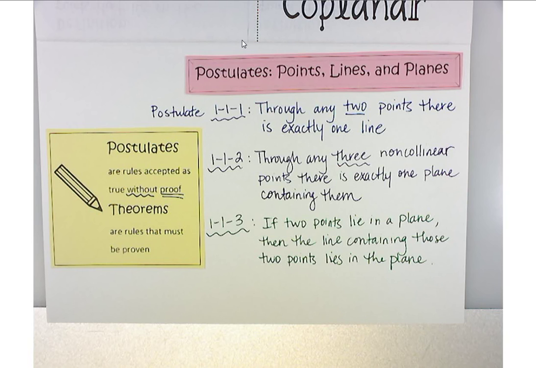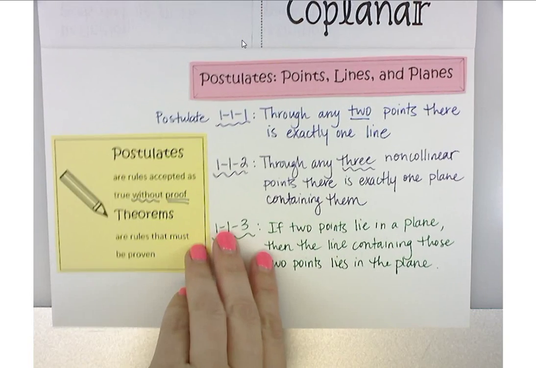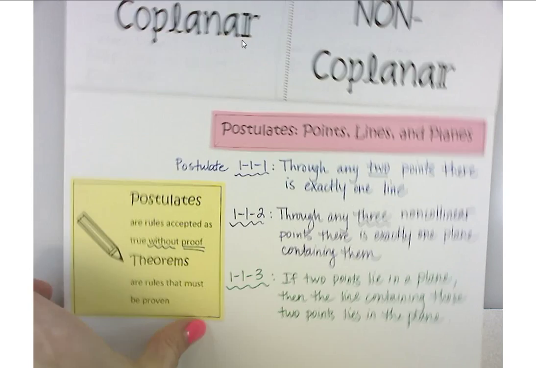So those are 2 important things that we have to know to answer the questions in our foldable above. And then the last one is if 2 points lie in a plane, then the line containing those 2 points also lies in the plane. Okay, so let's open up our foldable now. For some of you that may be on the previous page.